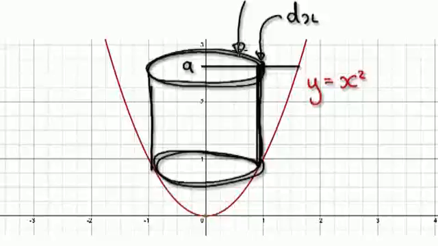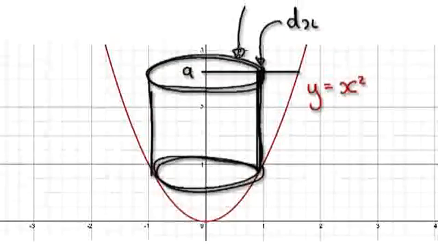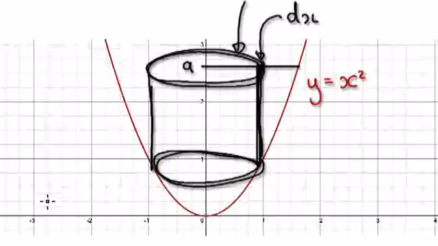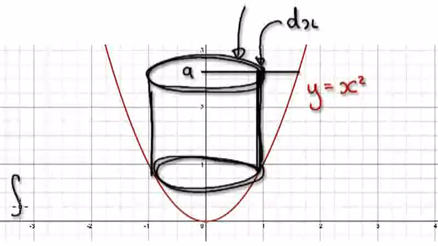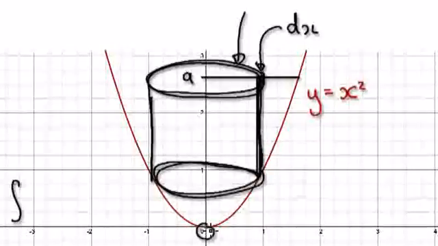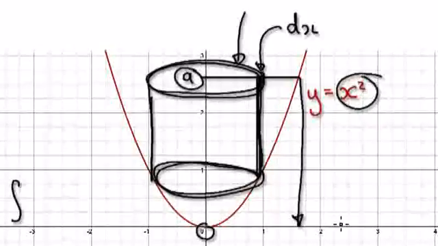Summing up all the cylinders would be integrating from here all the way to here. And don't forget, if this is a and this is x squared, then this must be the square root of a.